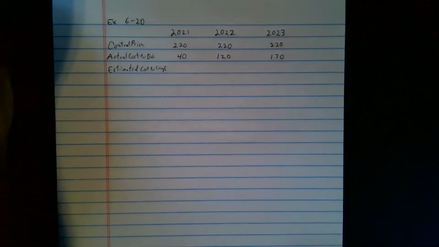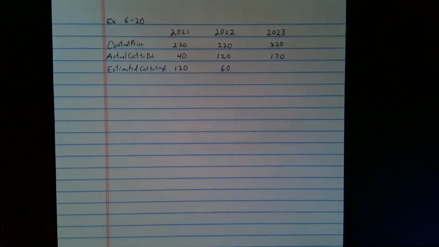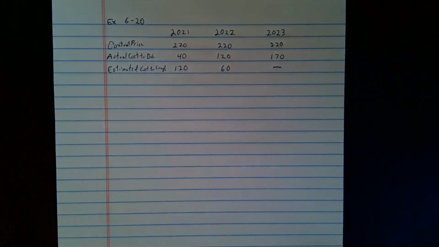The next line is the estimated cost to complete. And for that one, we are given the estimated cost to complete of 120 in 2021. We're given 60 in 2022 and 0 in 2023.